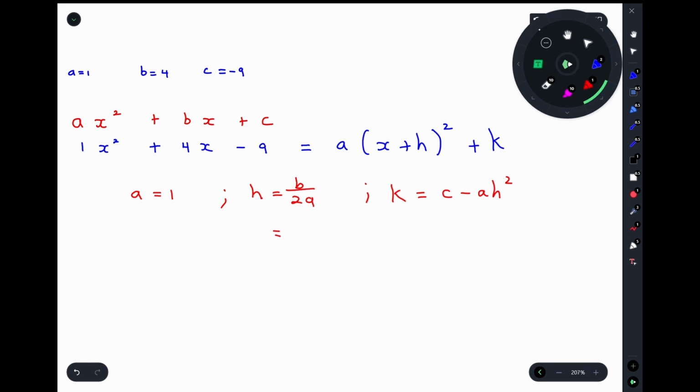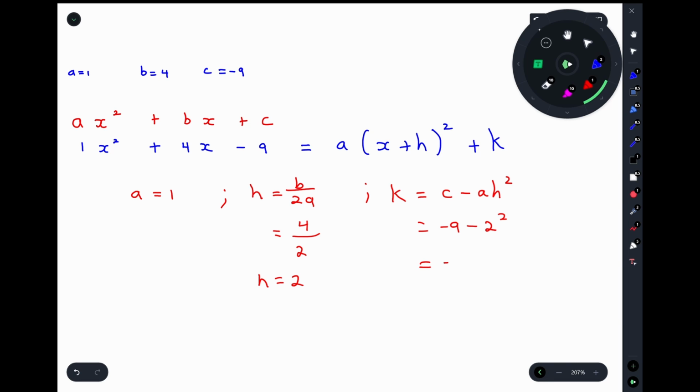In this question, h is equal to 4 divided by 2 times a, which is 1. That'll give us 2, so h is equal to 2. K is equal to c, which is negative 9, minus a, which is 1, times h squared. H was found to be 2, squared.